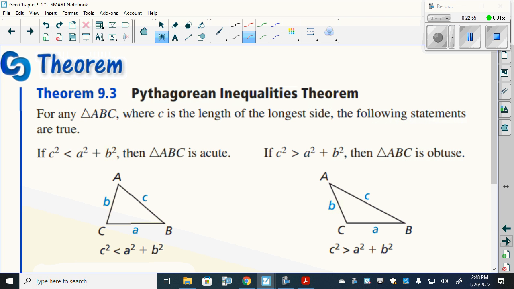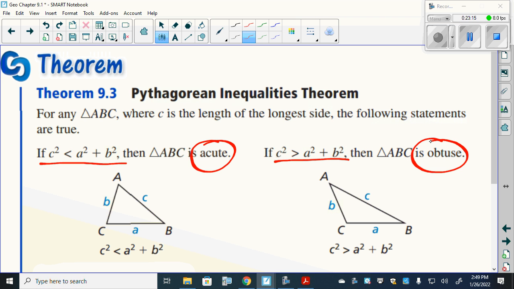Now there are two inequalities that we can have. If a squared plus b squared is greater than c squared, then it is acute. If a squared plus b squared is less than c squared, then it is obtuse.